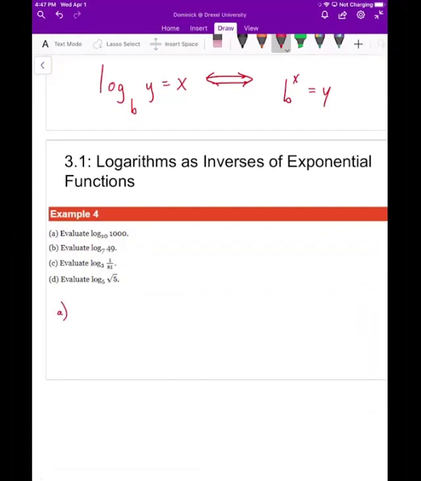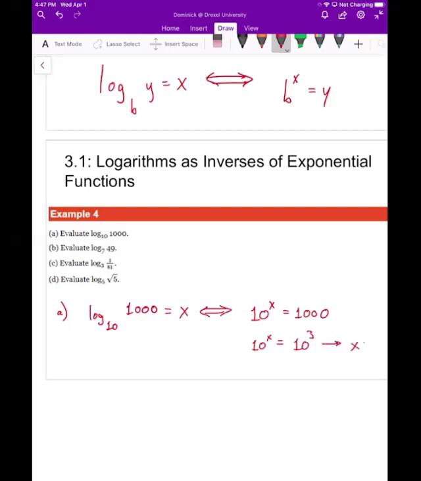So in part A, we want to find log base 10 of 1,000. Well, we'll say that that's equal to x, and we'll convert it. So this is 10 to the x is equal to 1,000. And of course, if you want to write 1,000 as a power of 10, that's 10 to the third.